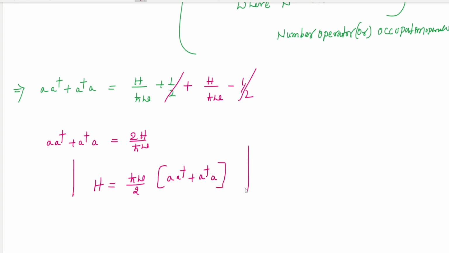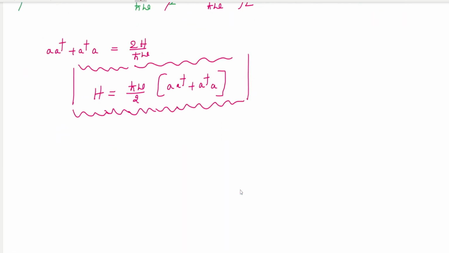So I'm going to put this one in a box. We are going to use all these equations at the end, in the eigenvalues and eigenfunctions derivation. Now I'm going to do another thing: commutation relations of A and A dagger. So A A dagger minus A dagger A, right? This is the commutation relation.